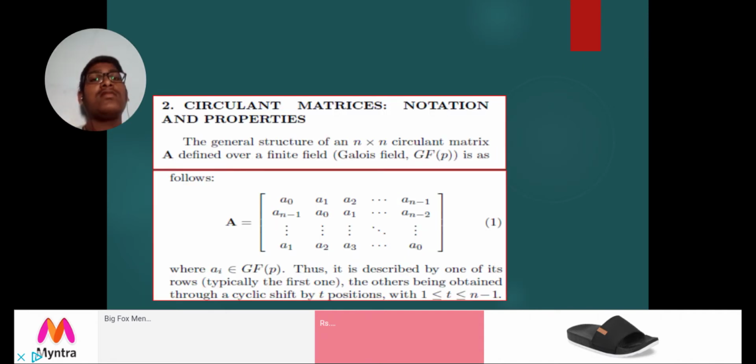Next, the second topic is circulant matrices notation and properties.